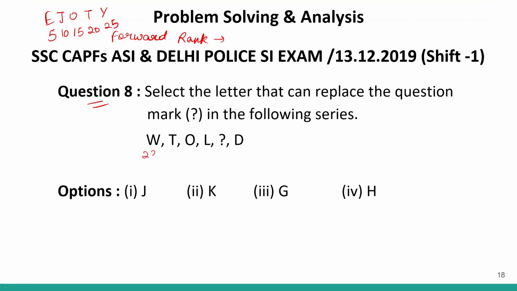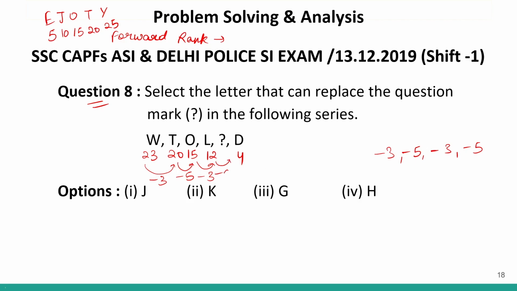W is 23, this is 20, this is 15, this is 12, and D is 4. So from 23 to 20, I can see there is a minus 3. From 20 to 15, there is a minus 5. Similarly, from O to L, 15 to 12, there is a minus 3. So minus 3, then minus 5, then minus 3 again. So next, let us check with minus 5.